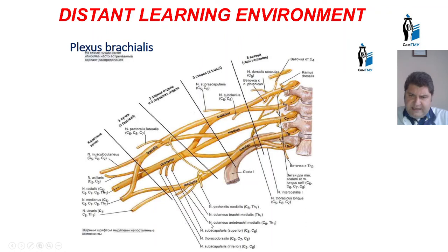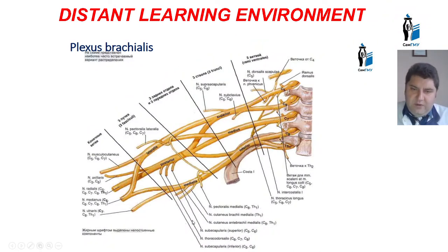We can see the subscapular nerves here, and also you can see this inferior part of the subscapular nerve from the posterior fasciculus, and we can see that these nerves pass from this fasciculus to the subscapular muscle, and also to the teres major muscle.